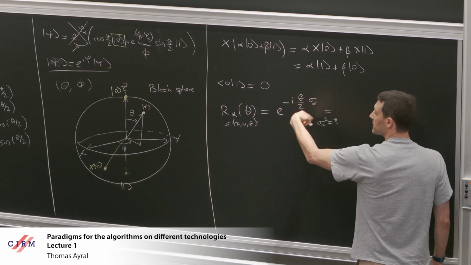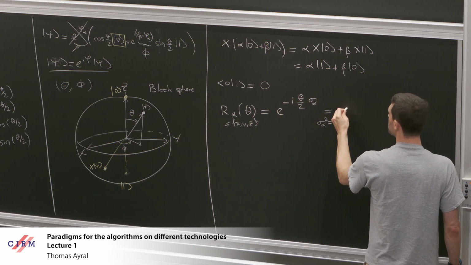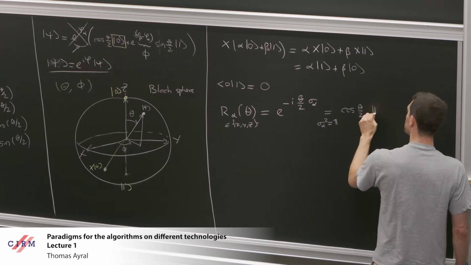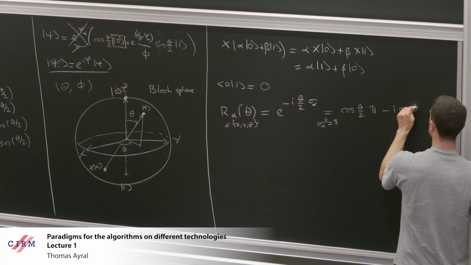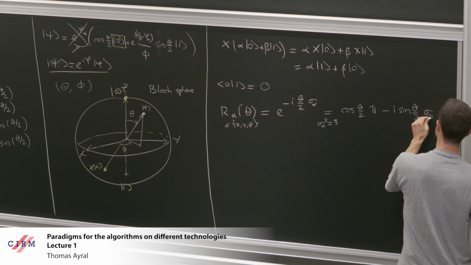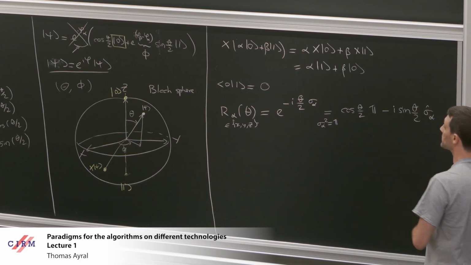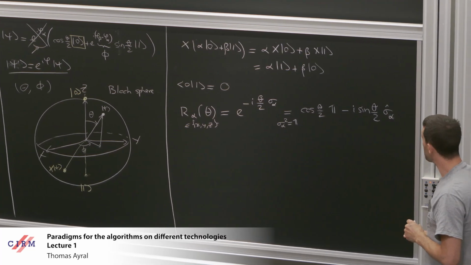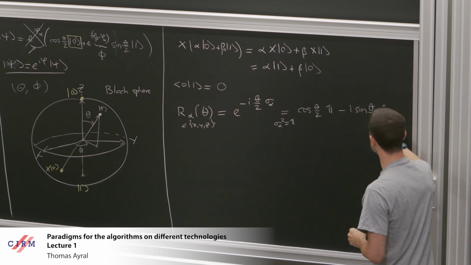If you write the power series for the exponential, you'll see that you obtain cosine theta half times identity minus i times sine theta half times sigma alpha. So that's a very easy identity to see. And so in particular, we can recover specific gates. How do we recover, for instance, a z rotation?